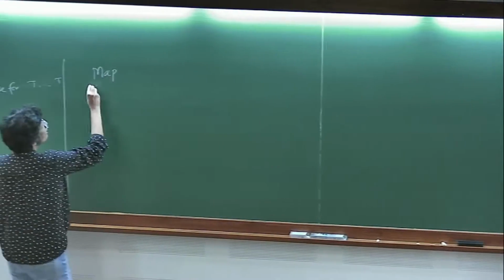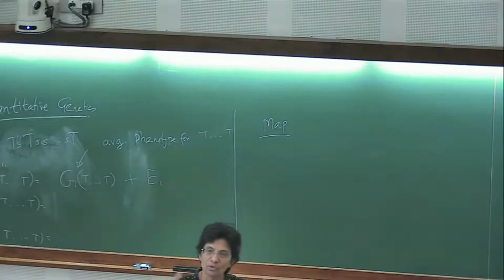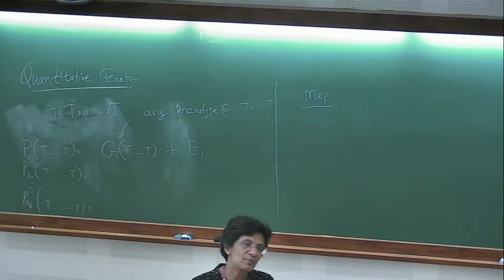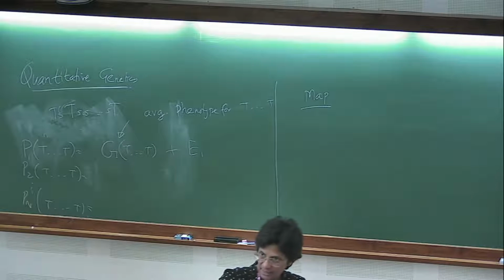So for simplicity to start with, this is our P equal to G plus E. Now, let me introduce the other notion, which is of a map. Don't think too much math. What I just mean is, if I give you some height, some phenotype, how does it connect with the gene? What is in the genetic detail?